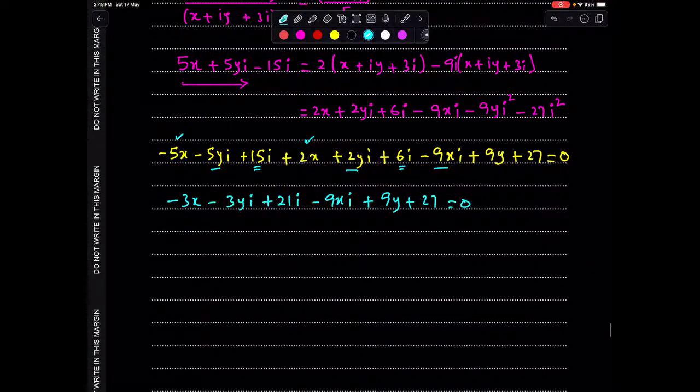Now separate the real parts and imaginary parts. So minus 3x plus 9y plus 27 you can write as it is, and you can write this 0 as 0 plus 0i, because we will equate real part with real and imaginary with imaginary.